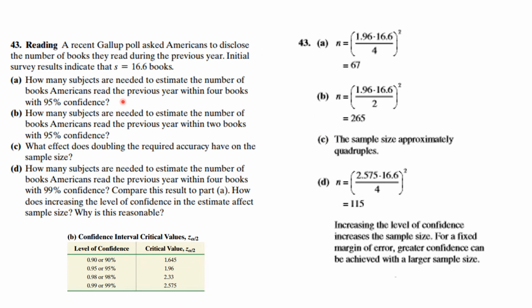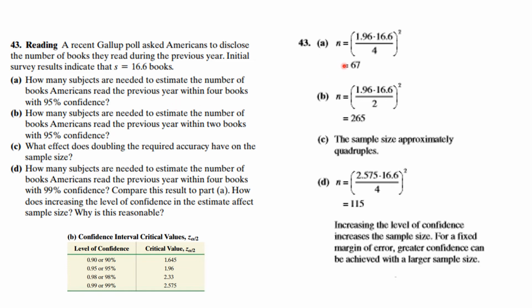So how many subjects are needed to estimate the number of books with 95% confidence? Well, you need n. It's 1.96 times s over the margin of error, and the margin of error was within 4 books here.